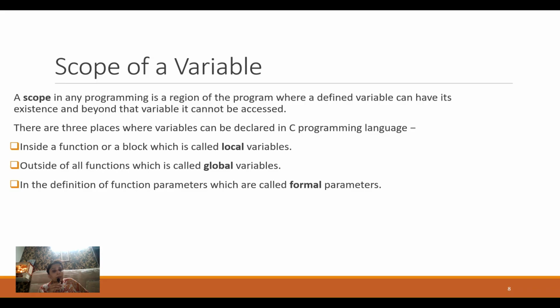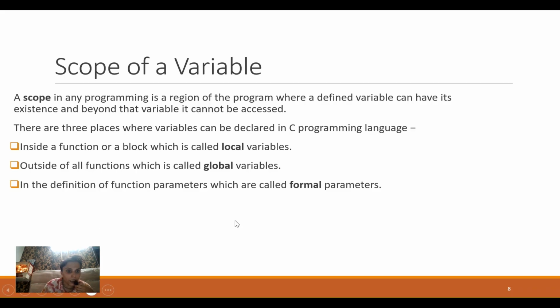But global variables are those variables that can be used anywhere in the program. Global variables are declared at the start of your program, and so they can be used in and out of any function.